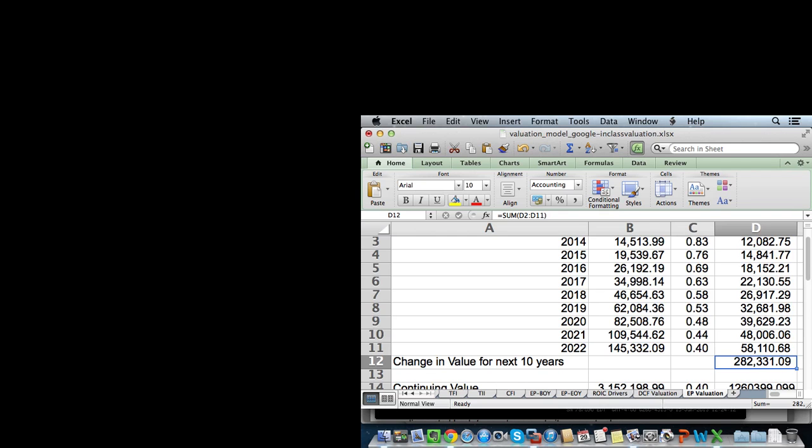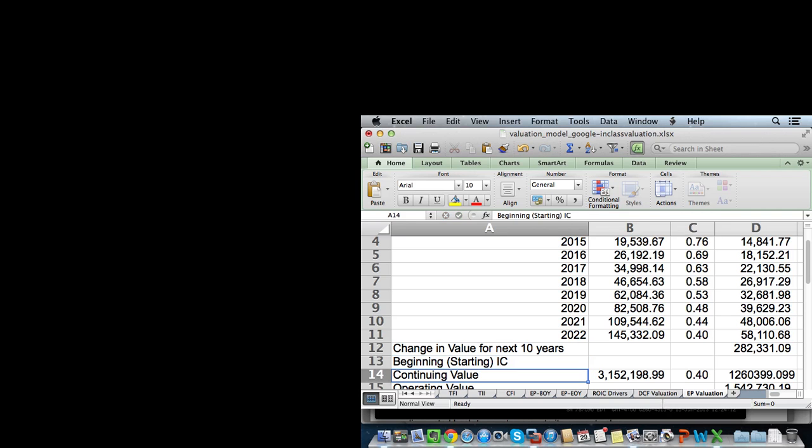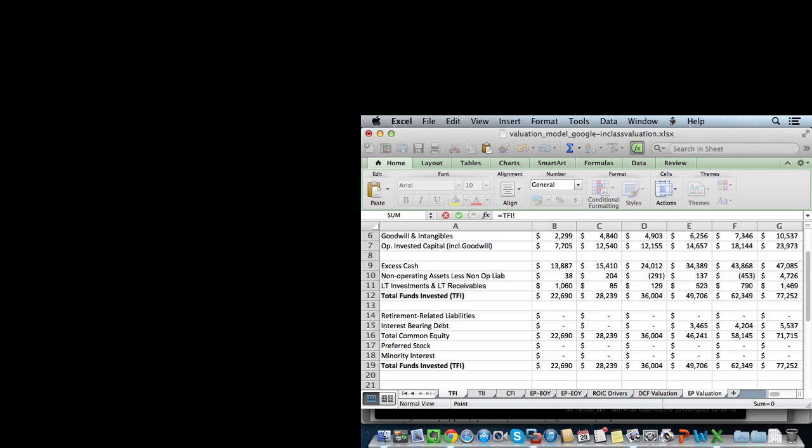What we then have to do is add that to our beginning starting invested capital. Well, our beginning invested capital is off of our TFI.